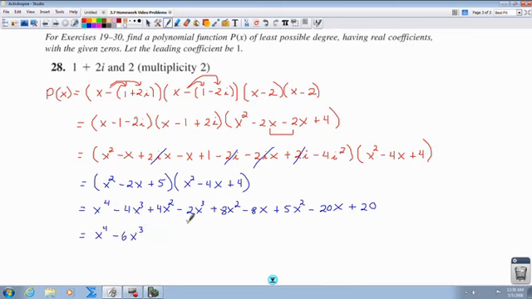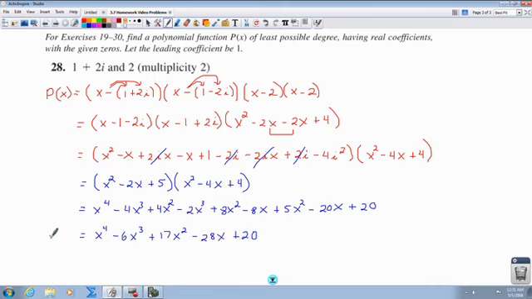Squares, we have 4 and 8, which is 12, and 12 and 5, which is 17. So we have plus 17x to the 2nd power. We have x's. We have negative 8 and negative 20, which makes negative 28x. And we have this lonely little plus 20 at the very end, which is our constant.